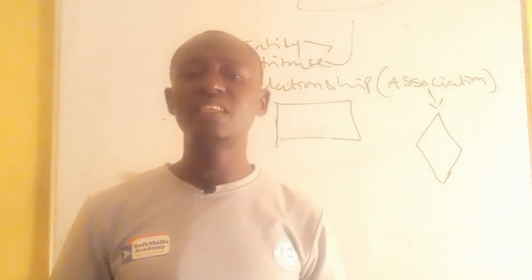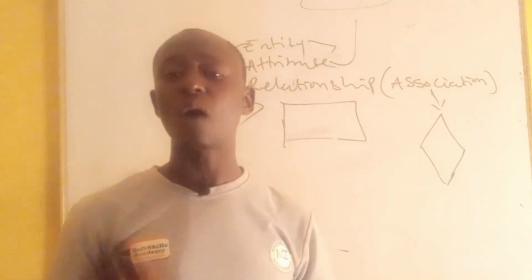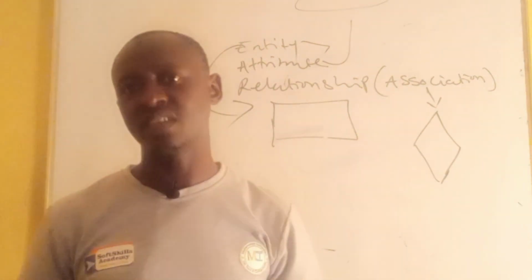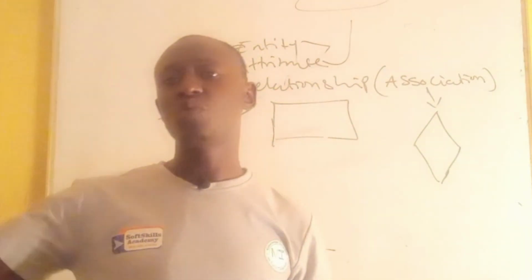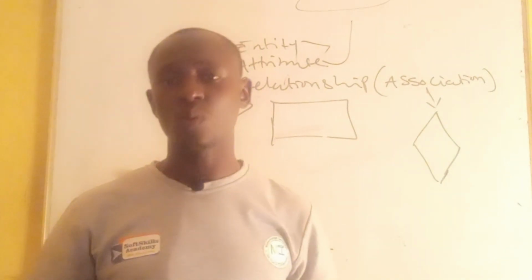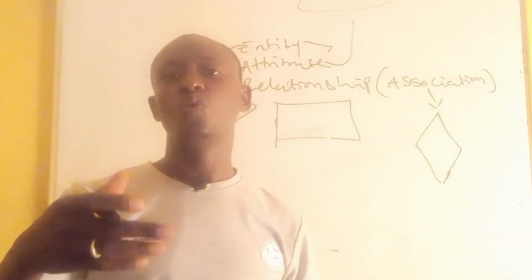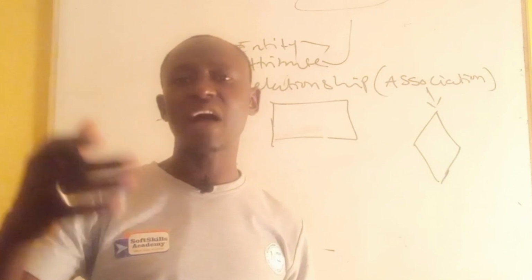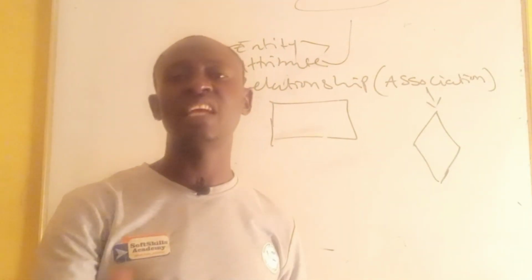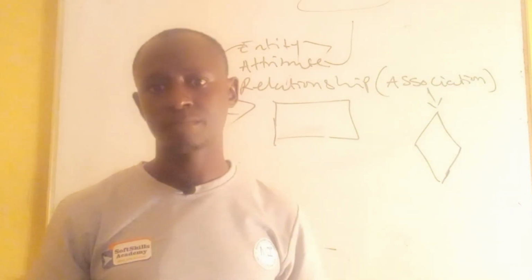The second reason is that it gives us a better understanding of the data to be stored in the database. All this we have been doing in the database architecture and the data model. We identify the types of data that we are going to store in this database using entity relationship models.